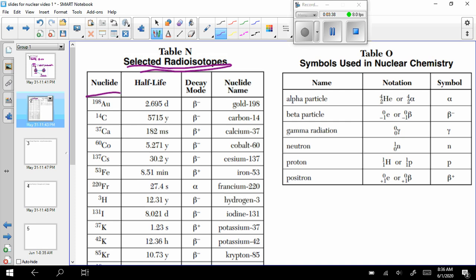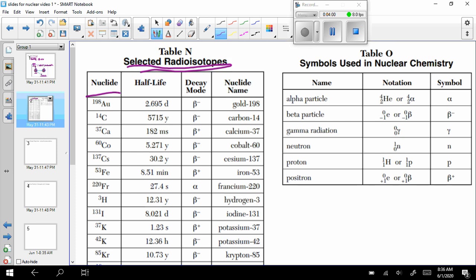So all of these substances here are all substances that naturally decay. This column tells me the element. This tells me how long it takes to naturally decay. So its half-life is how long it takes for half of the sample to decay. This tells me how it decays.